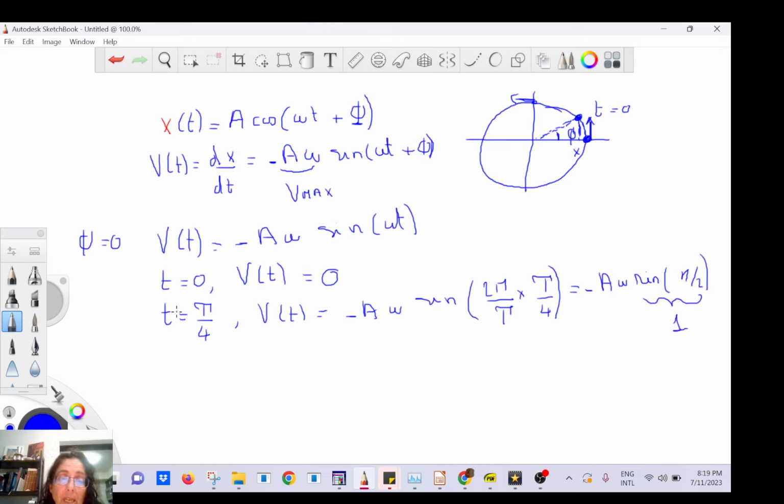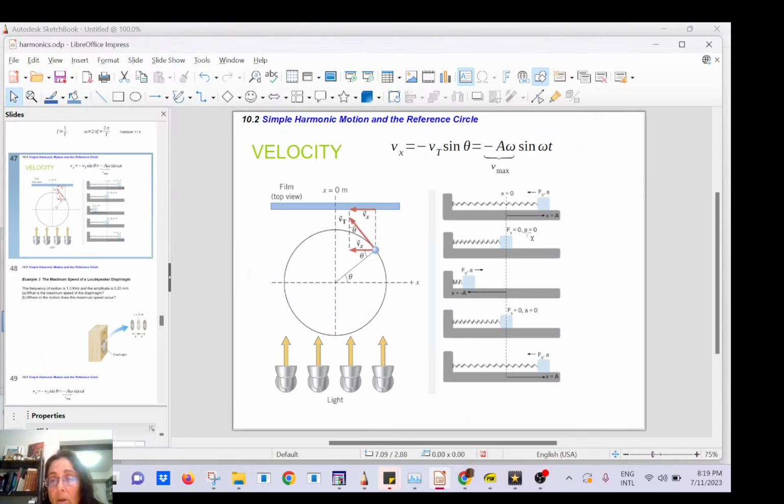So in that case, V is going to be V max, and it's going to be minus a omega. So when it's going through the initial position, after 1/4 of a period, the velocity is to the left and it's maximum.